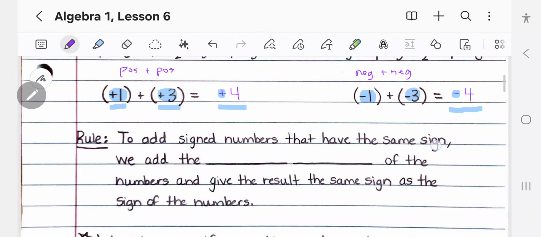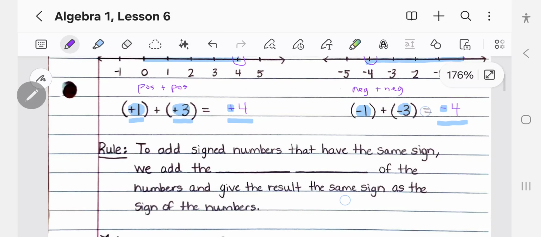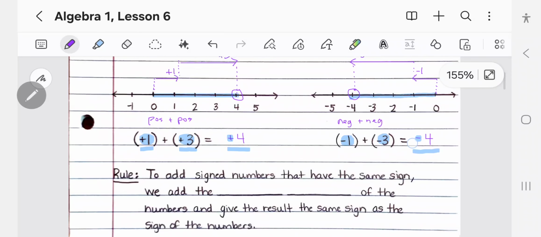So let's see how to generalize that. To add signed numbers that have the same sign, we add the something with 2 words of the numbers and give the result the same sign as the sign of the numbers. Okay, let's go back and think about it and see if we can figure out the term that goes in the blanks.